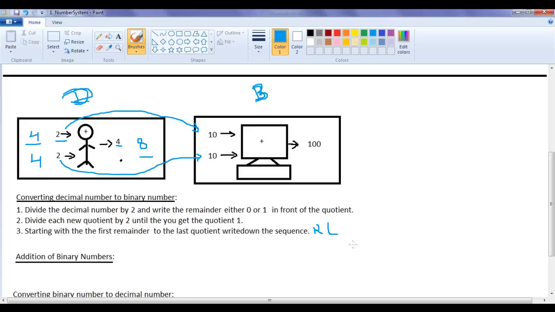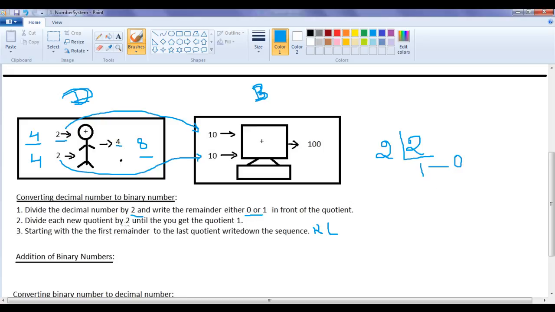Simple. For example, if I have to convert a decimal number 2 to a binary number, we are going to divide it by 2. Then we calculate 2 1s are 2, remainder will be 0. This is how we are going to write. This is step 1. Divide by 2, write the remainder, then we have written that also.